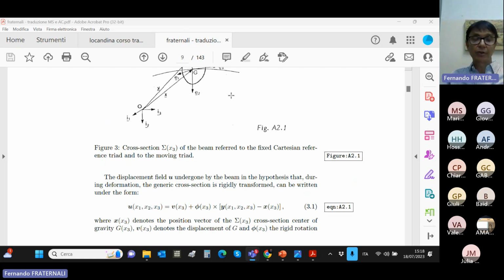This is the main assumption that we make about the displacement field of the beam. We assume that it's a composition of a translation of the cross section, u equal to v, plus an infinitesimal rotation about the centroid.